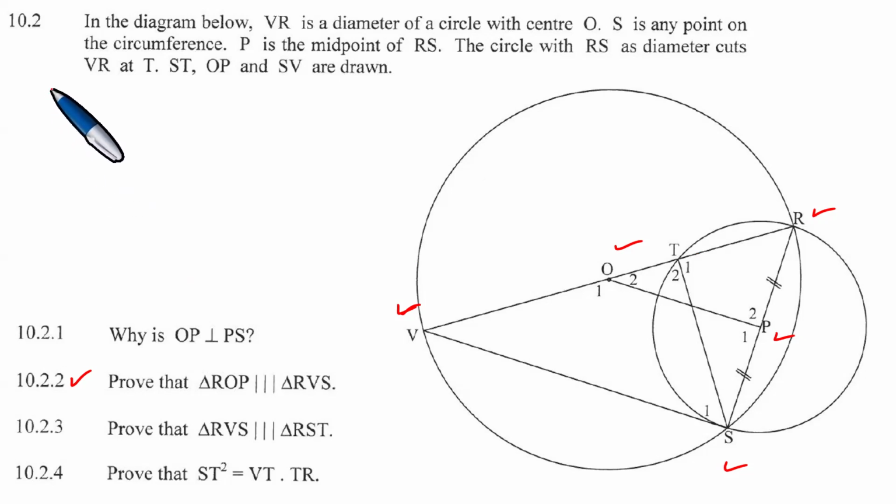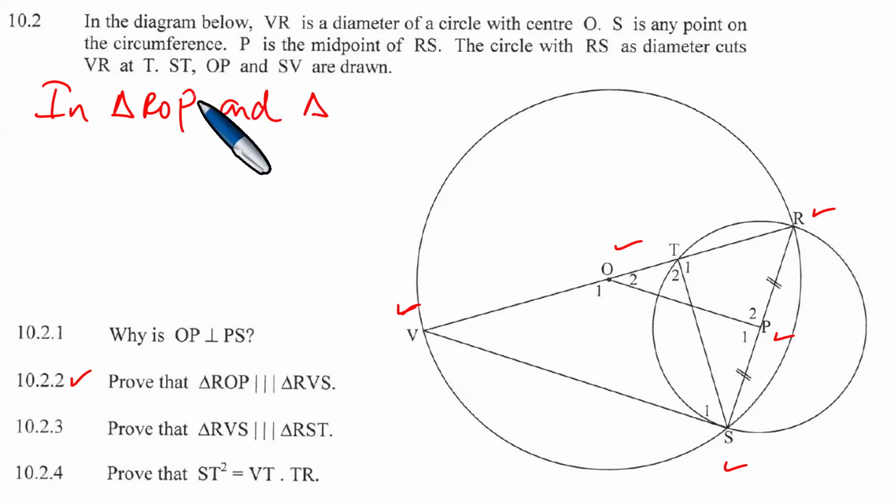So we're going to say in triangle ROP and triangle RVS, what do we have in triangle ROP and triangle RVS?